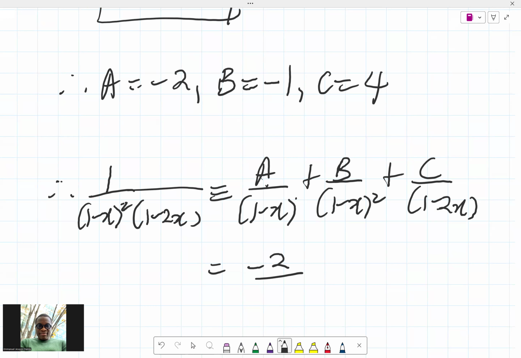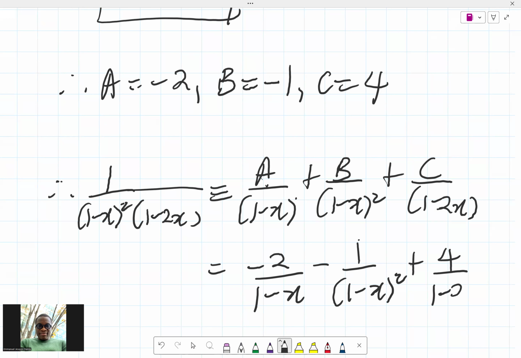So we have minus 2 over 1 minus x plus B, B now is minus 1. So that would be minus 1 all over 1 minus x squared plus C. C is 4 all over 1 minus 2x. So that's basically what we have for that.